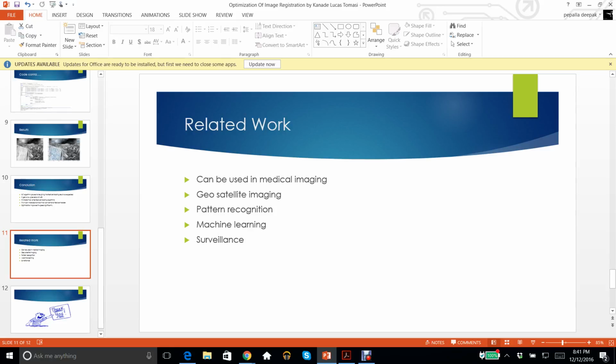And then it can also be used in pattern recognition, in machine learning, in surveillance. Mainly the surveillance is CCTV footage, so the images might not be clear, but still the KLT algorithm does a good job with just a 0.6% pixel error. So that finds very minute changes between the two images of the same sequence.